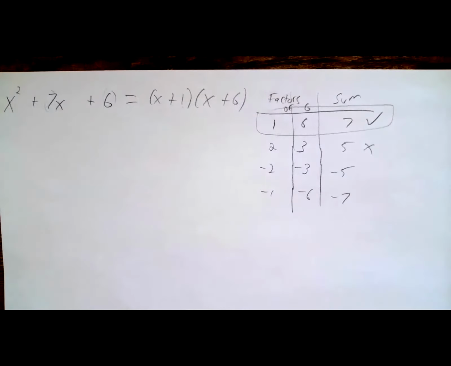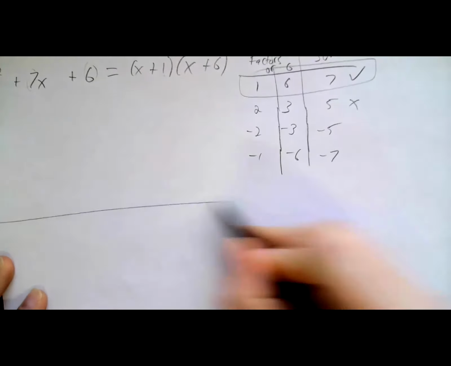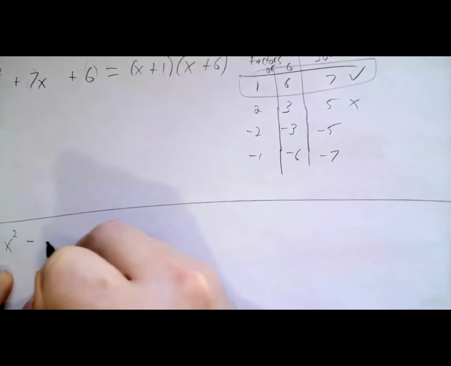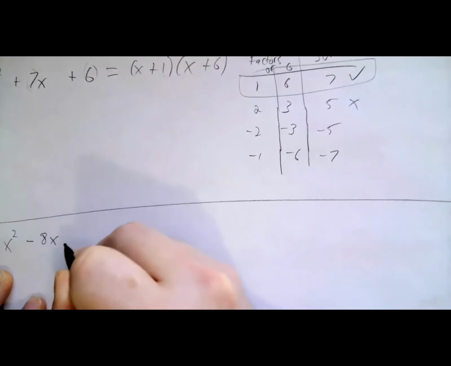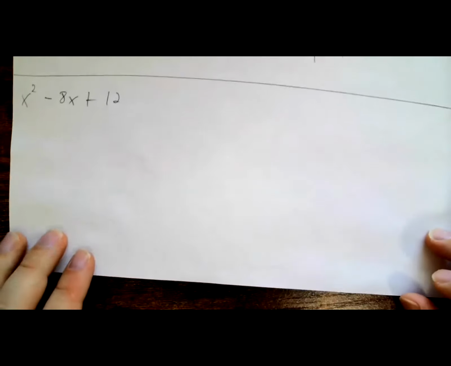In fact, let's do another example where that's going to be maybe helpful. Let's take x squared minus 8x plus 12. And this time I'll give you a little bit less scaffolding.